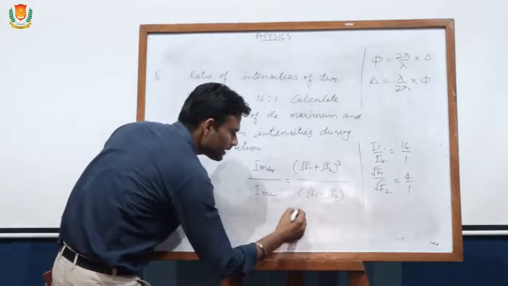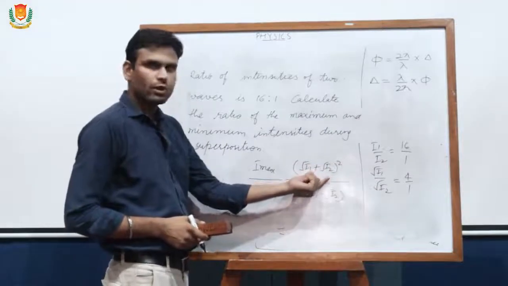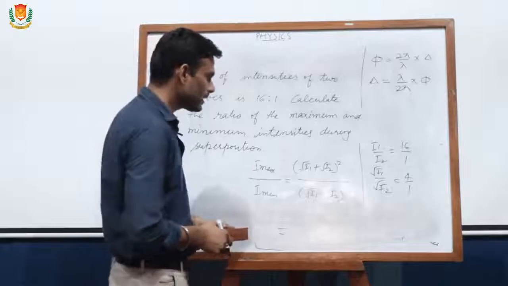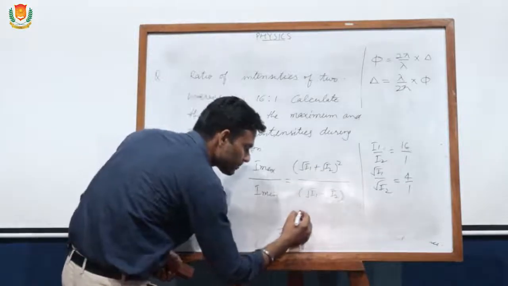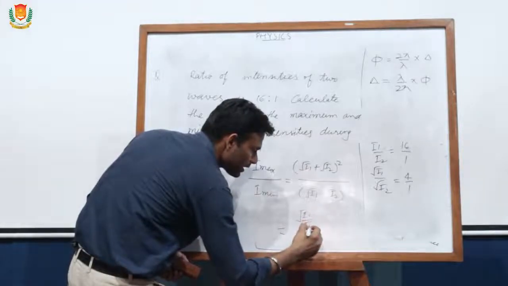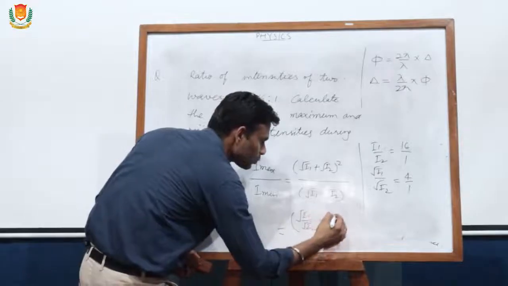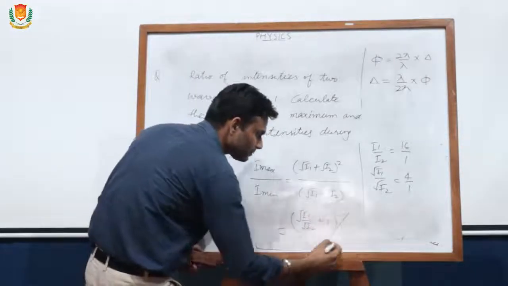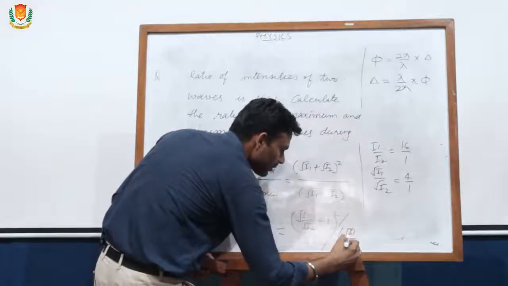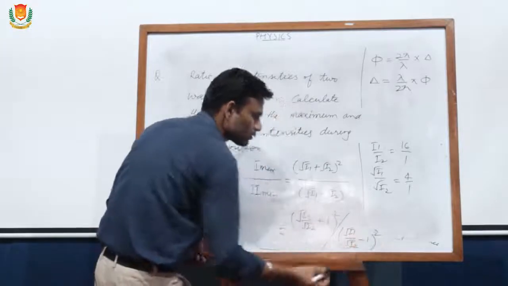We will get (square root of I1 upon square root of I2 plus 1) whole square divided by (square root of I1 upon square root of I2 minus 1) whole square.